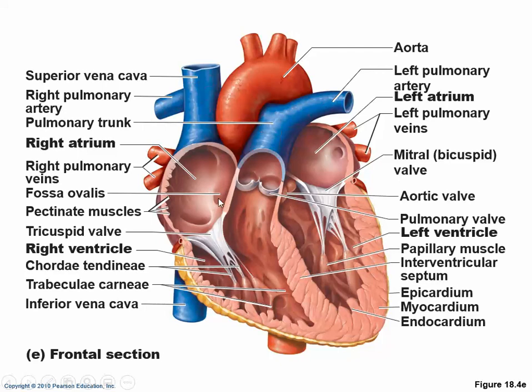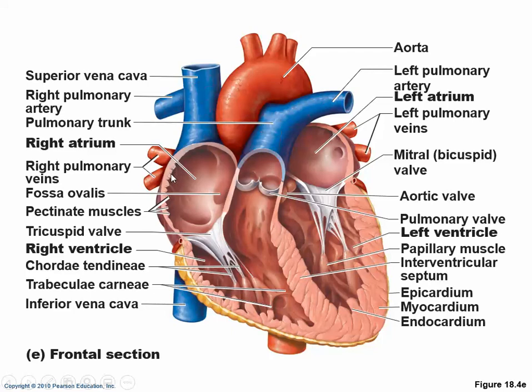And so there is an opening right here. It's called the foramen ovale. When the baby is born and takes its first breath, the flap on the foramen ovale ends up fusing, and it's left with almost a scar called the fossa ovale.